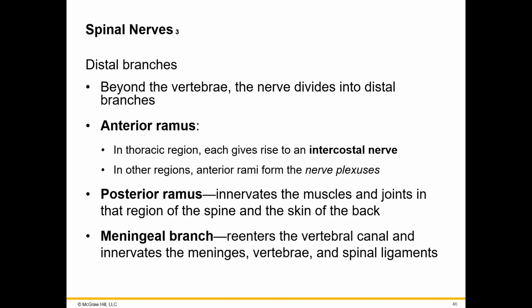The posterior ramus innervates the muscles and joints in that region of the spine and the skin of the back. Meningeal branches re-enter the vertebral canal and innervate the meninges, the vertebra, and the spinal ligaments.